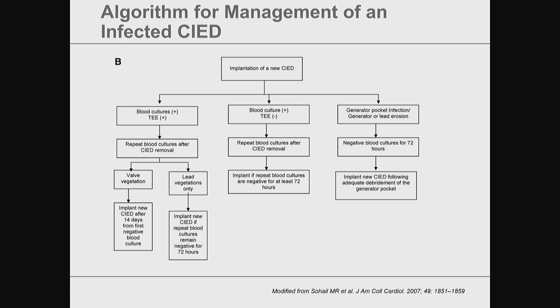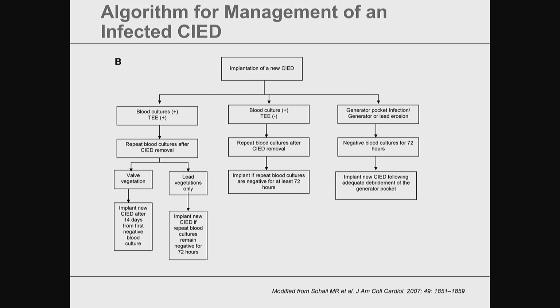If you have positive blood cultures but no evidence of valvular or lead vegetations on echo, then you want to repeat the blood cultures after the device is removed, and you can implant it if repeat blood cultures are negative for at least 72 hours. If you just have a generator pocket infection or a generator or lead erosion and negative blood cultures for 72 hours, then you can implant the device.